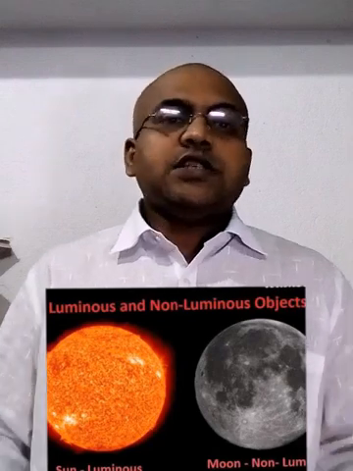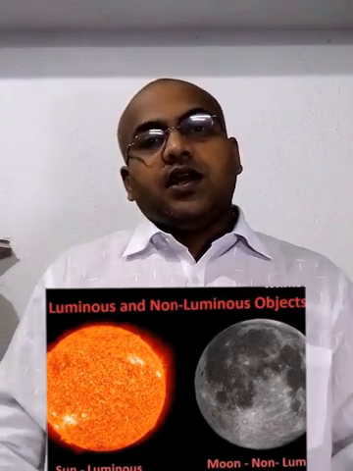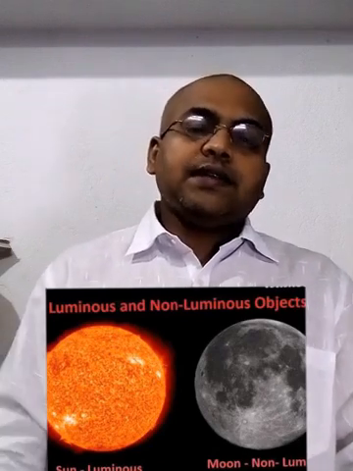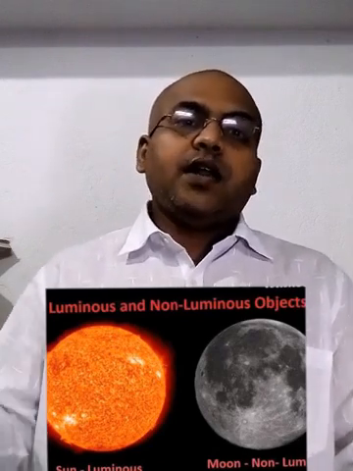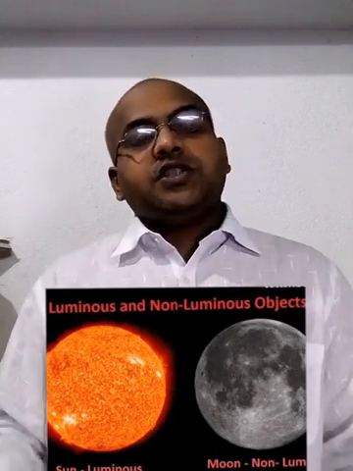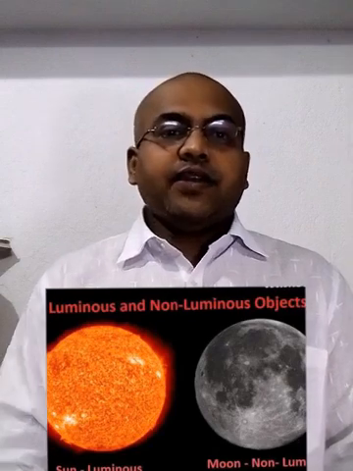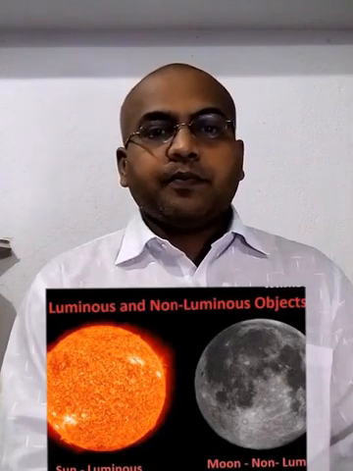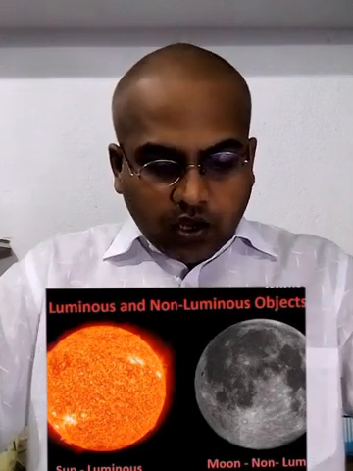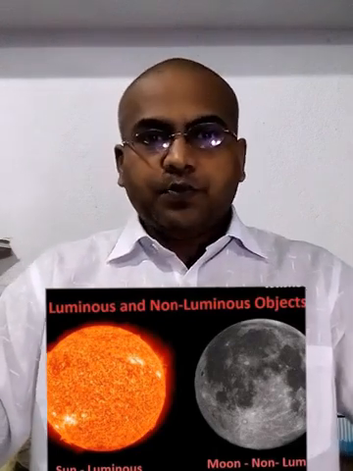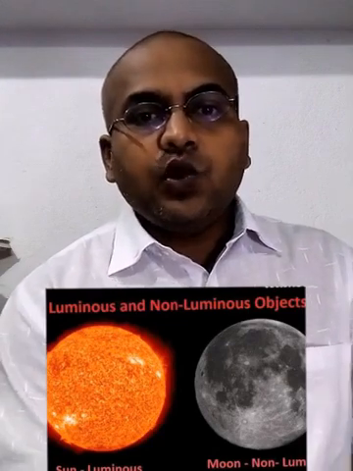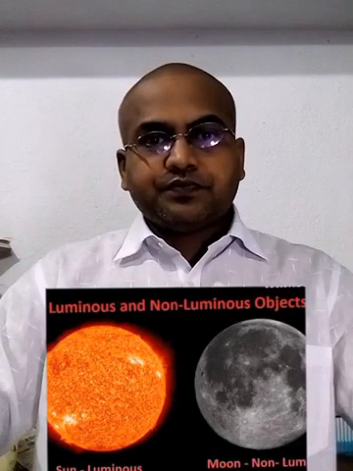Let's discuss the first category, the objects which emit light and have their own light. This type of objects are called luminous objects.